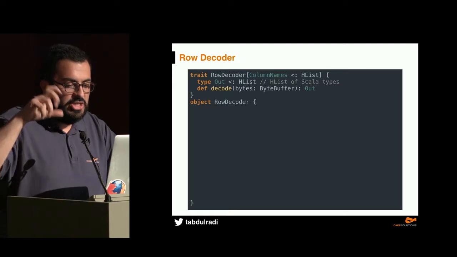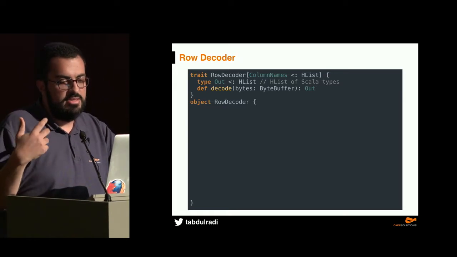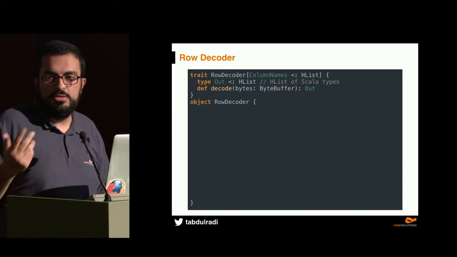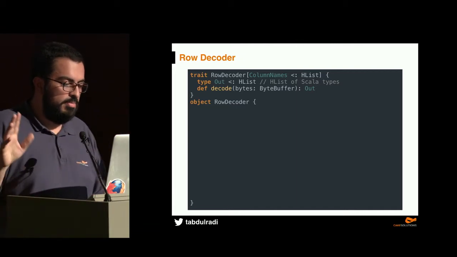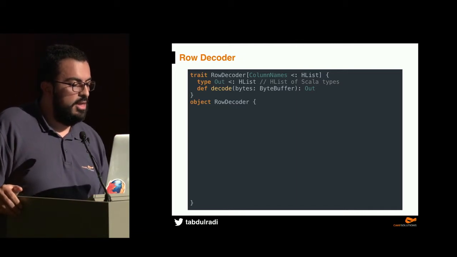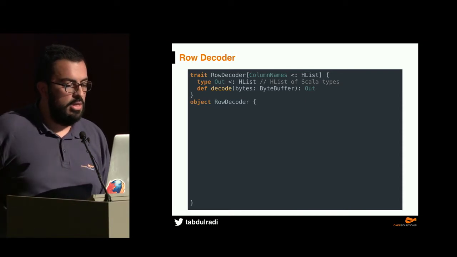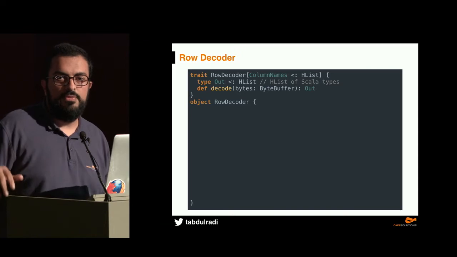I can't say it's an HList of something, even though I know it has to be an HList of string. No, you just write HList and that's it. You have to rely on good comments or something to make it visible for you as a developer. But yeah, just ignore this fact. The output is an HList of Scala types: int, string, and so on. This should be the function that takes the bytes and gives us back the values, the HList of the values.